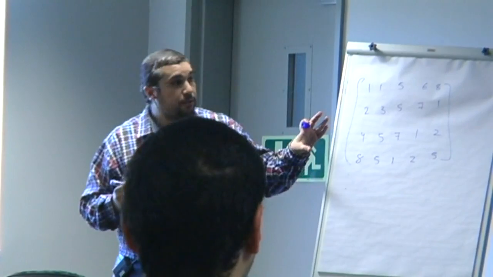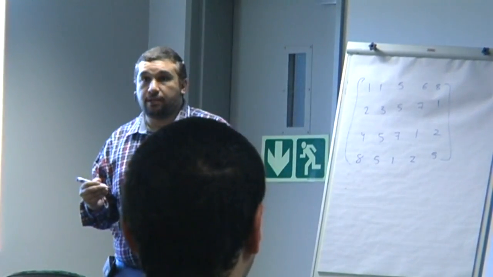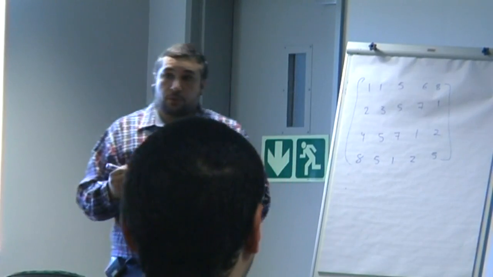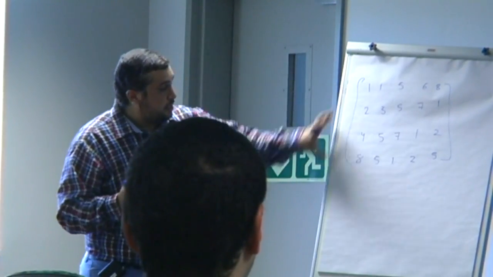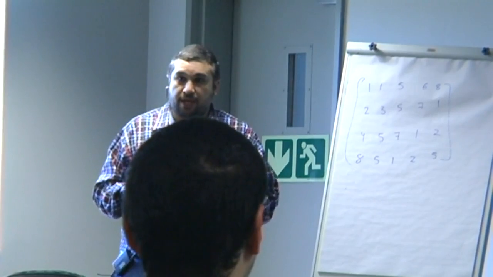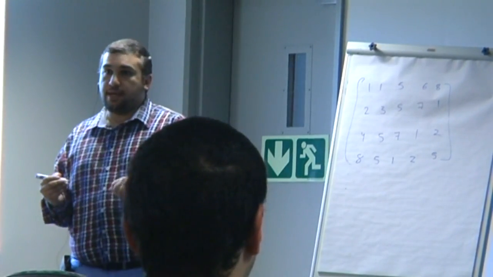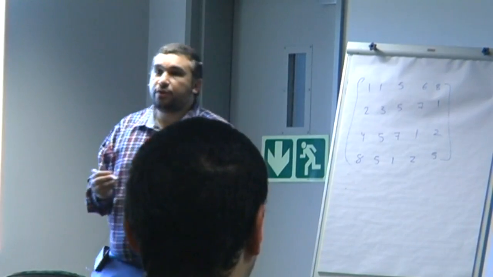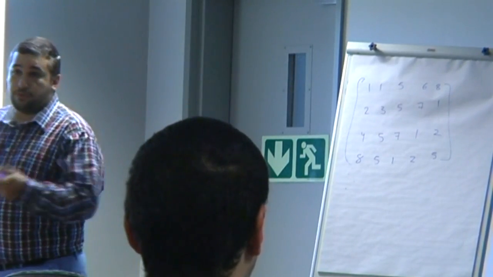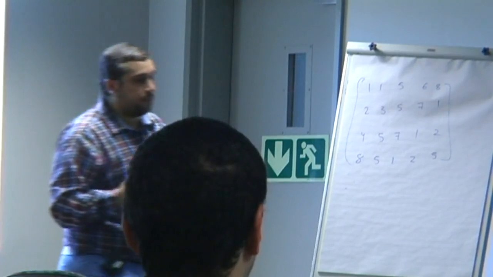The first one was proposed by Haralick in 1970 to reduce the dimension of this image. Let's assume this is the image that we have. Now, if I want to extract the GLSM, very simple, I will look for the pair of pixels, the frequency of the pair of pixels.